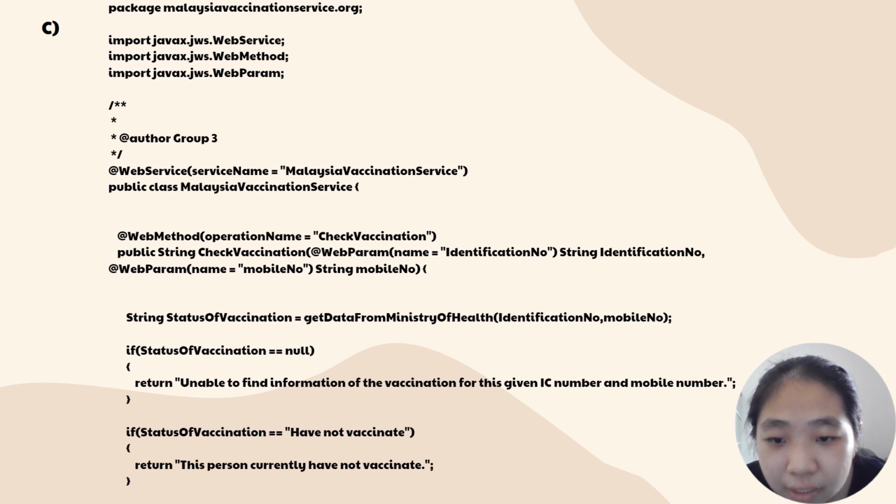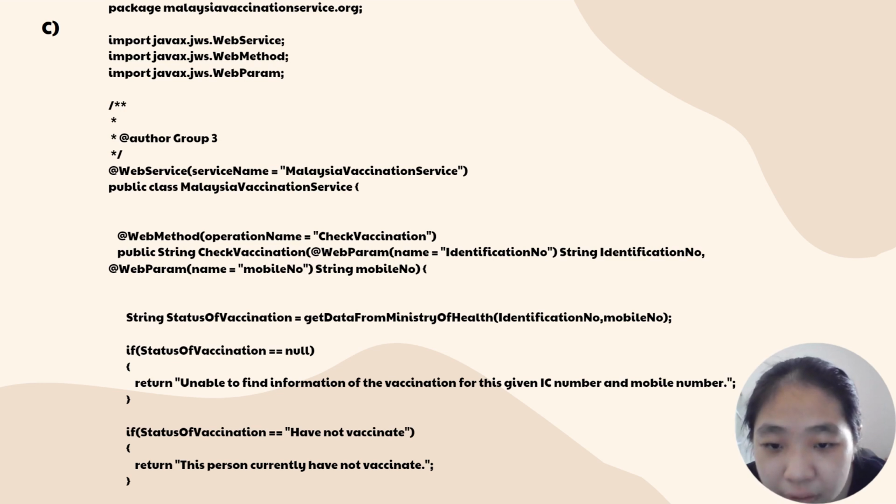First we declare string status of vaccination equals to get data from Ministry of Health for identification number and mobile number. This line of coding is to access the database of Ministry of Health Malaysia to obtain the status of vaccination. Next line, we use an if statement.